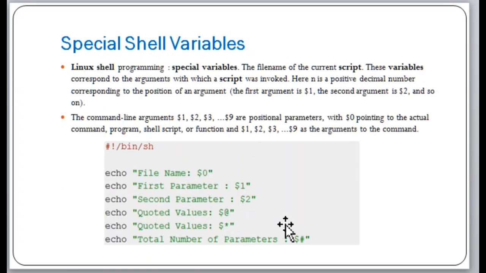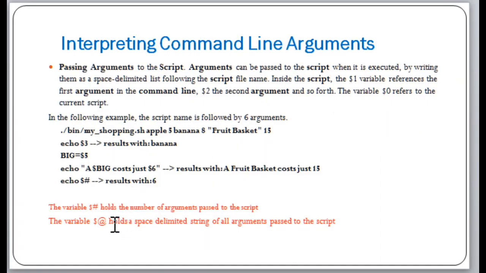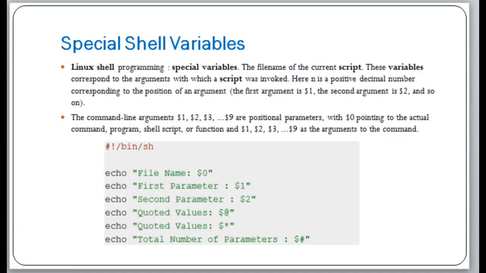We also have quoted values, and we have $*. And the total number of parameters. Remember, we go back 2 slides here, and that $# holds the number of arguments passed to the script. Okay. So these are all special shell variables here.